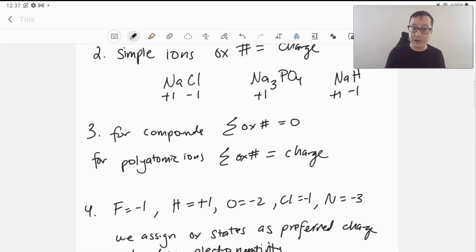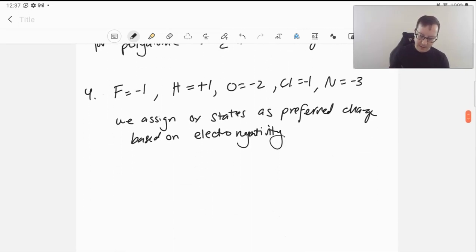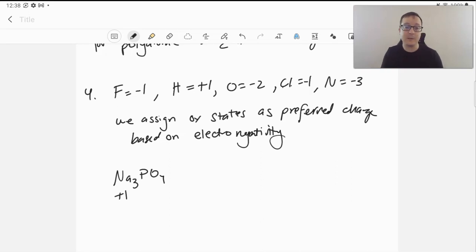So let's look at rule 3 again. It says for compounds, the sum of oxidation numbers is 0. For individual polyatomic ions, the sum of oxidation numbers is the charge. Let's revisit that. So for something like sodium phosphate, the sodium has to be +1 because it's a simple ion. The phosphate, though, we don't know. Rule 3 tells us that the sum of the oxidation numbers must be 0.